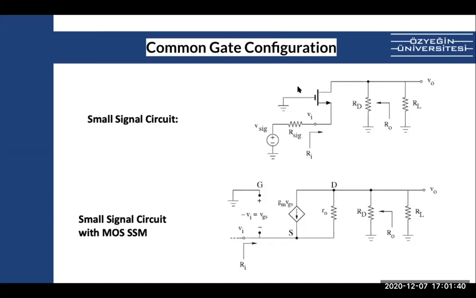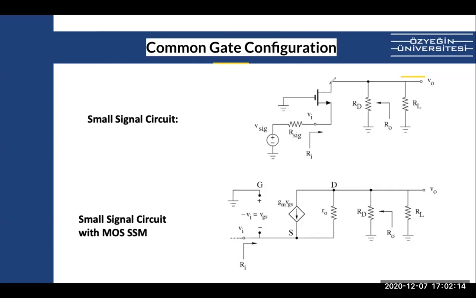As you can see, you are applying the input at the source, and you are looking at the signal at the drain. So that's why we call it common gate, because neither input nor output is at the gate. We are naming the amplifier by the node that is not actually being used, that is grounded. Okay.